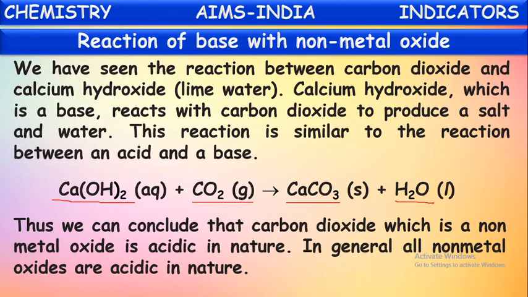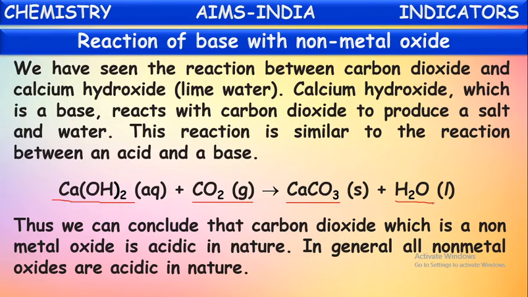For example, we have seen carbon dioxide on reaction with the base calcium hydroxide forming the salt calcium carbonate and water. So here carbon dioxide is acting as an acid. Neutralization reaction is caused by carbon dioxide. So from this we can conclude that non-metallic oxides are acidic in nature, just like the acids.